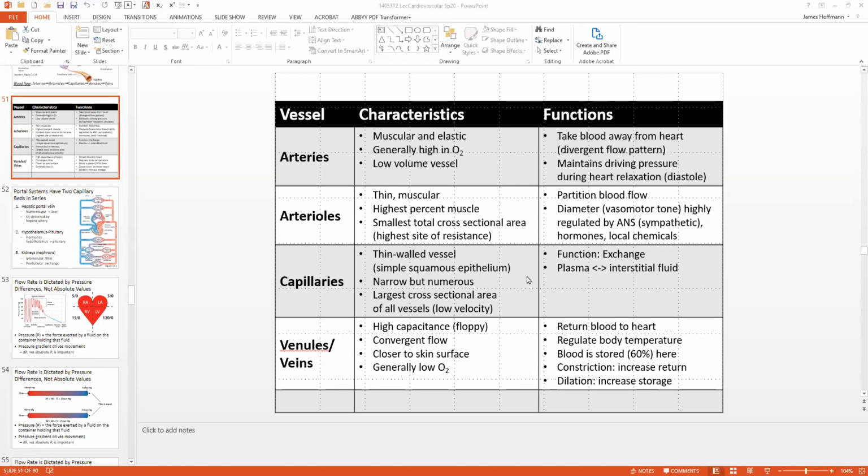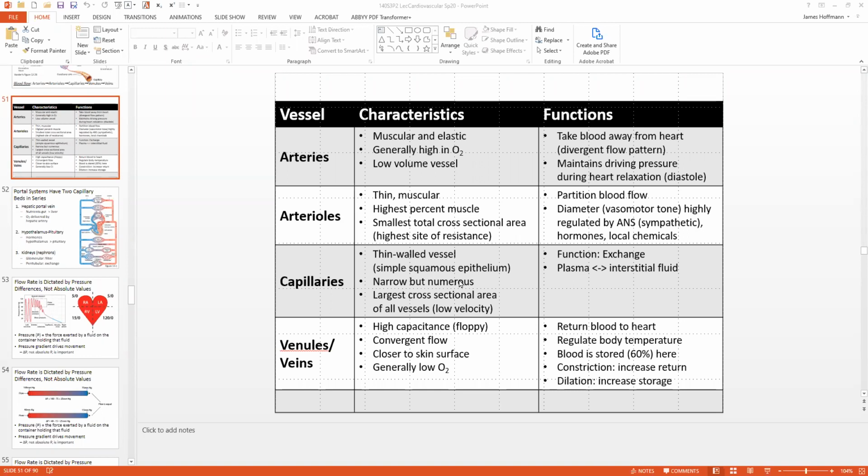For the capillaries, they're the thin wall. They're just simple squamous epithelium. They're very narrow, but they're very, very numerous. I don't know where they come up with these numbers, but if you look at the blood vessels, if they were laid end to end, your arteries, arterioles, venules, and veins would be about 10,000 miles, and your capillaries would make about 50,000 miles.